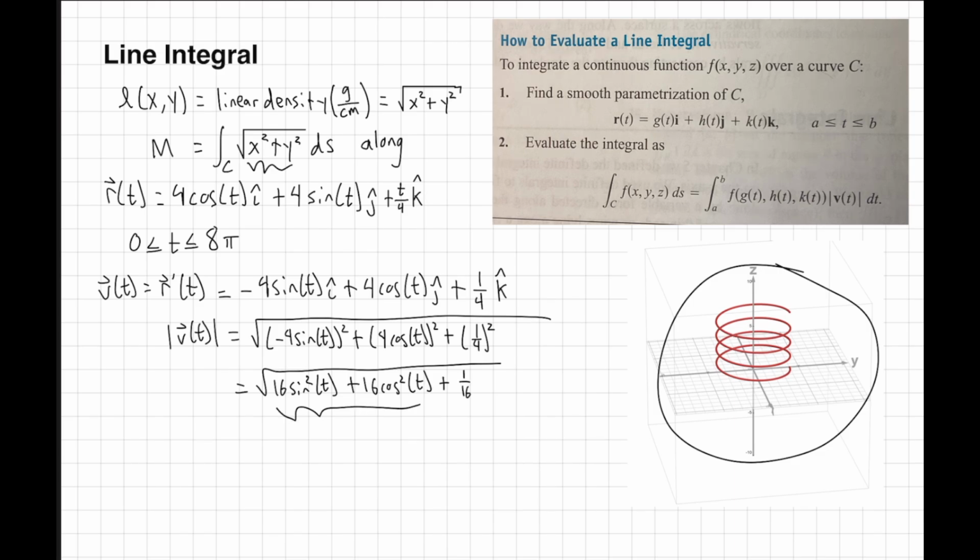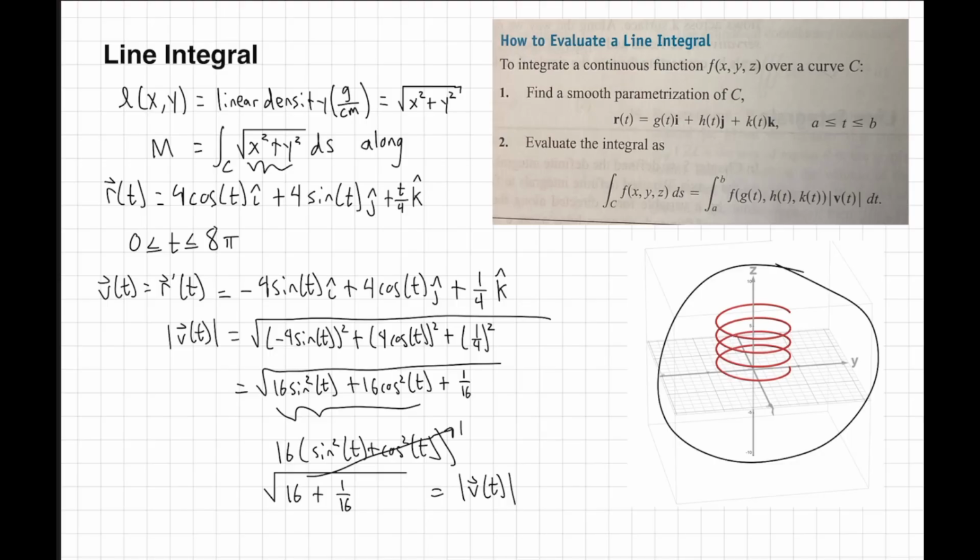With these two terms, what I like to do is factor out a 16, and we have 16 times sine squared of t plus cosine squared of t. Now this is a trigonometric identity equal to 1, so we have the square root of 16 plus 1 over 16 is equal to the magnitude of v of t.